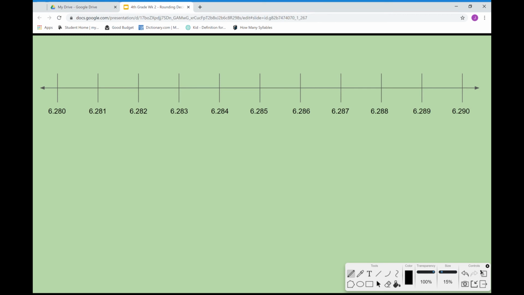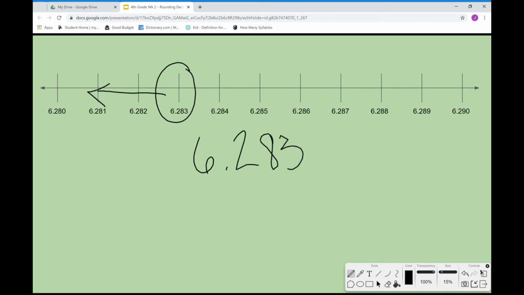Find the 6 and 283 thousandths on the number line. As you can see, the 3 is smaller than 5, so it is closer to 6 and 28 hundredths. Now let's round 6 and 283 thousandths to the nearest hundredth without the number line. Start by identifying which digit is in the hundredths place and marking off that part of the number.